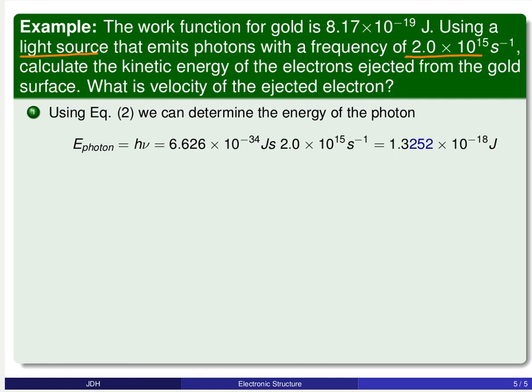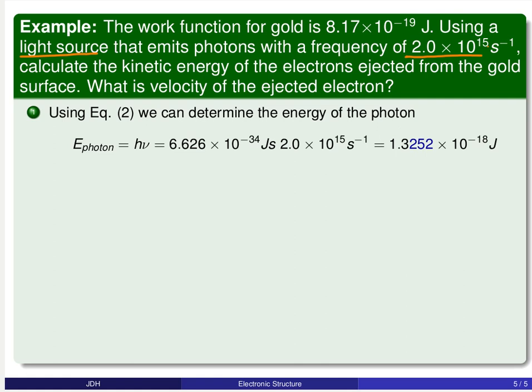So a quick check here, a quick comparison with the threshold frequency that we calculated on the previous slide. We found it was 1.2 times 10 to the 15th inverse seconds. And so, of course, a value of 2 times 10 to the 15th is larger than that threshold frequency, so we will, in fact, see electrons being ejected.